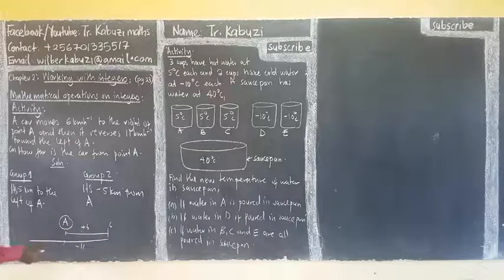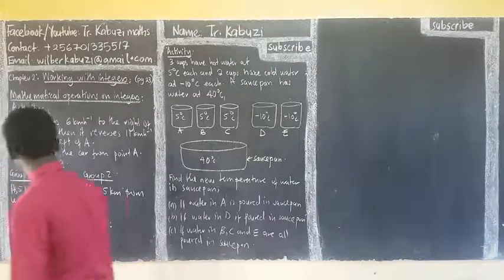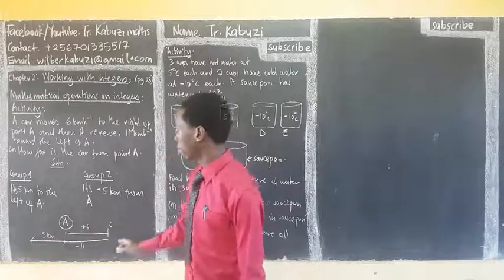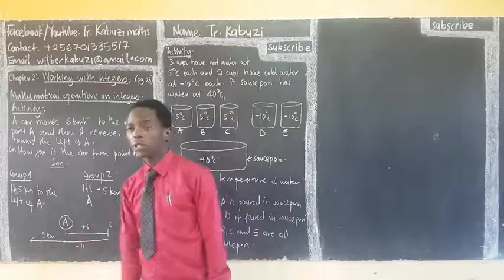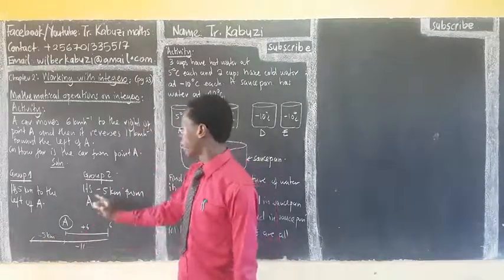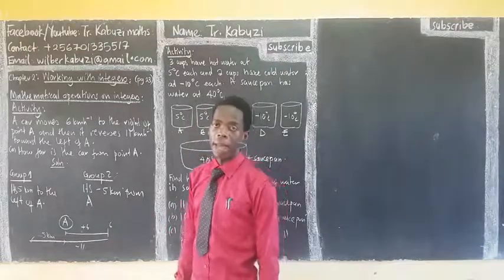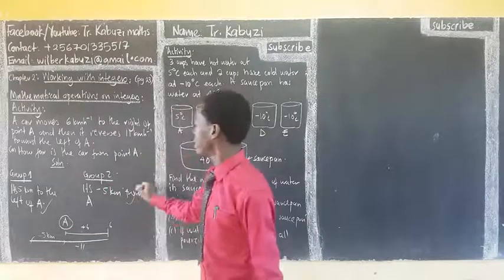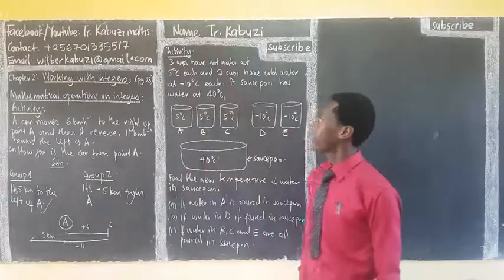If you remove this, there are 5 kilometers remaining. So there are 5 kilometers to the left of A, or you can say this is negative 5 because this one is going to be bigger, but it's negative 5 kilometers from A. So all of them are right. You can take all these answers as right.